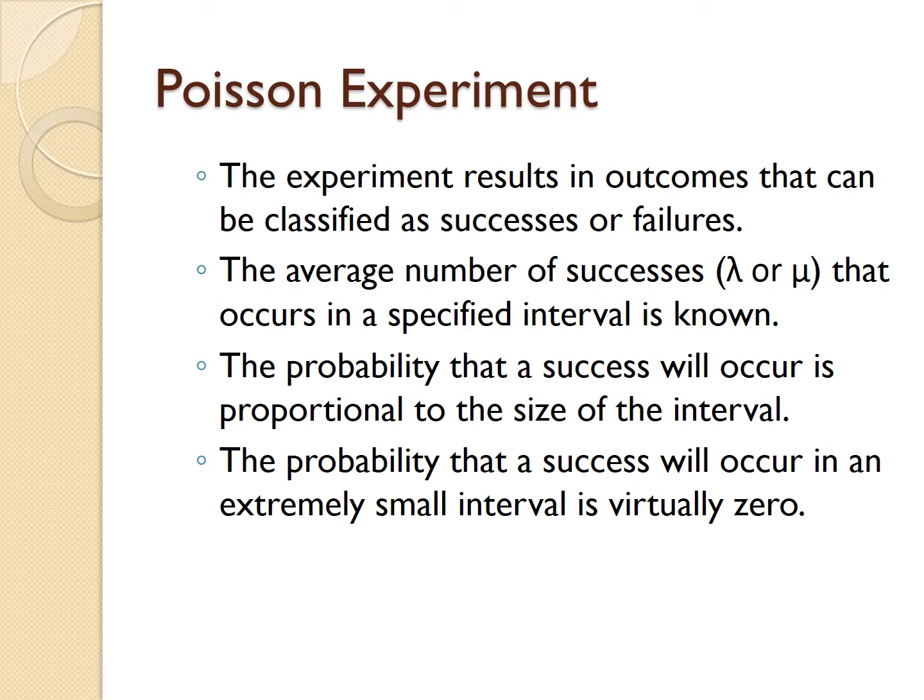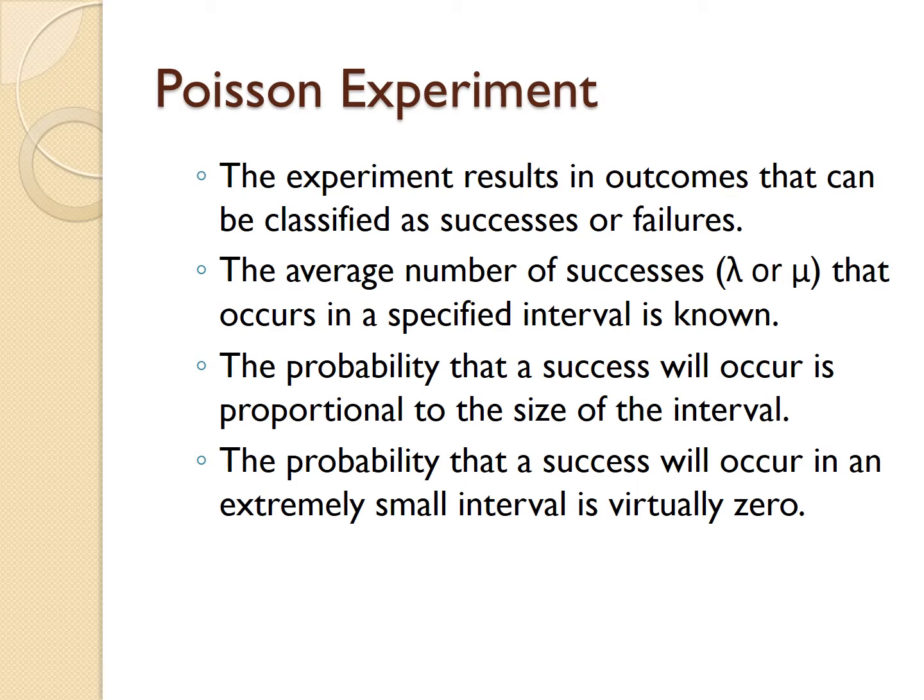Third, the probability that a success would occur is proportional to the size of the interval. And fourth, the probability that a success will occur in an extremely small interval is virtually zero.